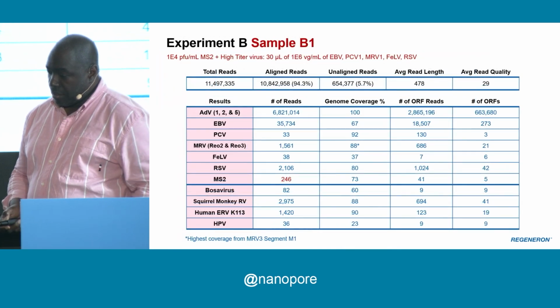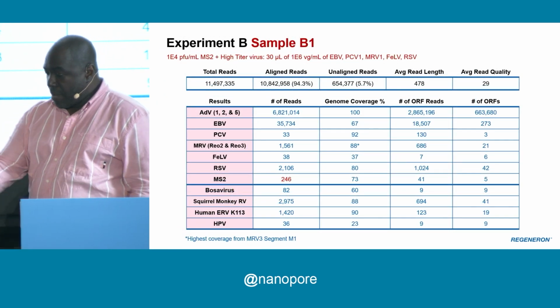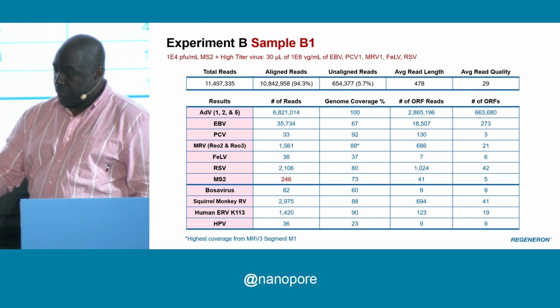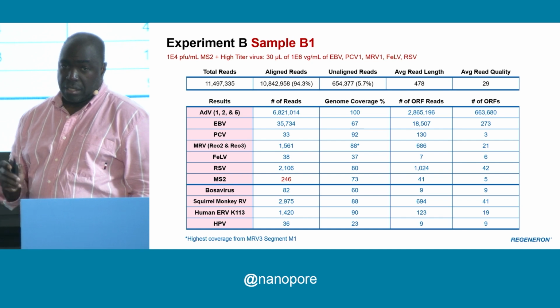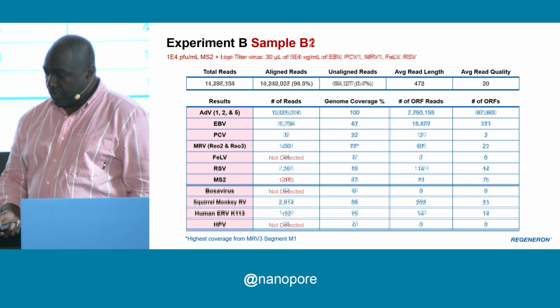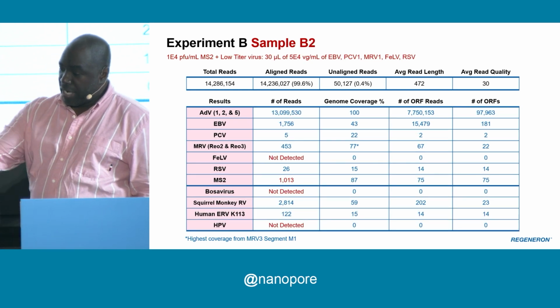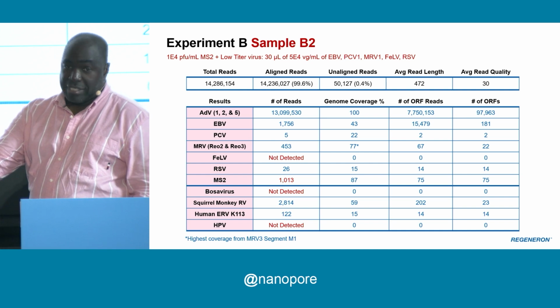If you go into detail, you can see here at the sample that spiked with 1E6, MS2, our internal control phage, is showing up at 246 reads only. And if you look at the sample B, where we spike less virus, MS2 is showing up at 1,000.